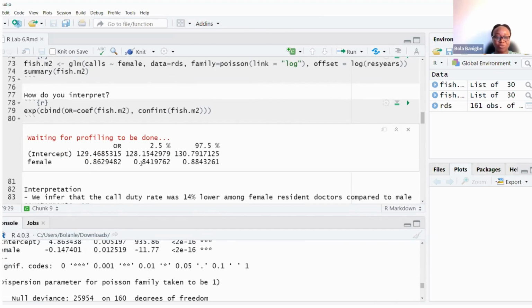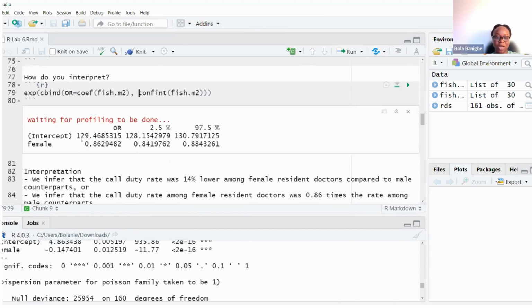So 1 minus 0.86 lands you at 0.14, and when you multiply that by 100, you get 14%. So basically, we're saying that the call duty rate was 14% lower among female residents compared to the male counterparts.